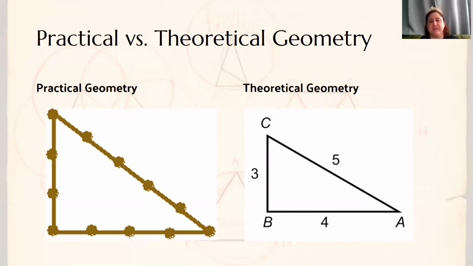Theoretical geometry is knowing something like the Pythagorean theorem, that 3 squared plus 4 squared equals 5 squared. That's the difference between practical and theoretical geometry in a nutshell. You don't have to know the Pythagorean theorem to take a rope with 12 equal segments. You just have to know that it works and that it makes the angle that you want. Does that make sense? Yep, makes sense.